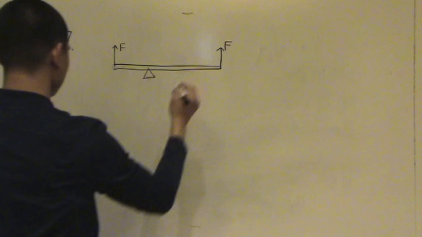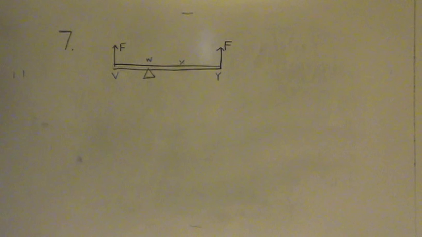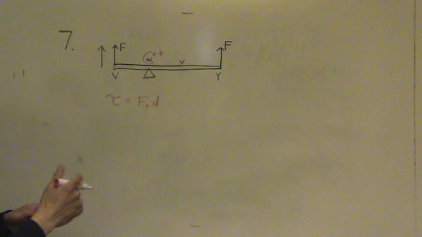We're given a rigid rod with a pivot and two forces at points V, W, X, and Y. So we're asked to find what the third force has to be for there to be an equilibrium, which means that the total net torque is 0 for the system. In this problem, I'm going to set clockwise direction as positive and counterclockwise as negative.